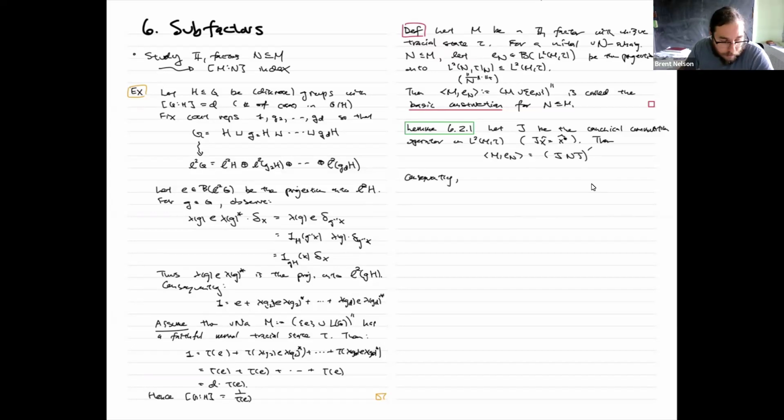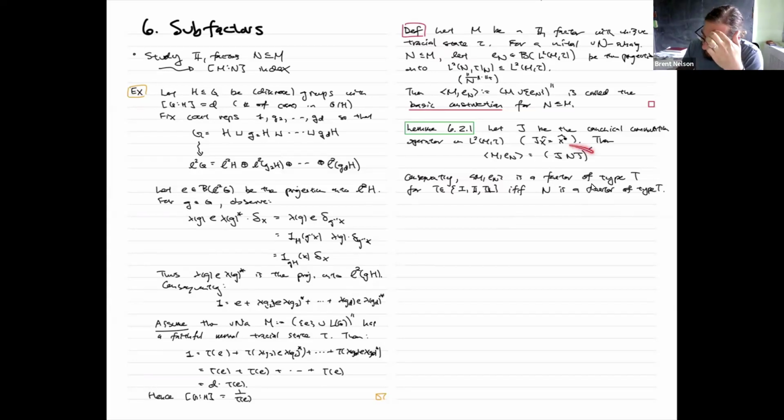And consequently, this thing is a factor of type T, for T either being 1, 2, or 3 in our type decomposition, if and only if N is a factor of type T.